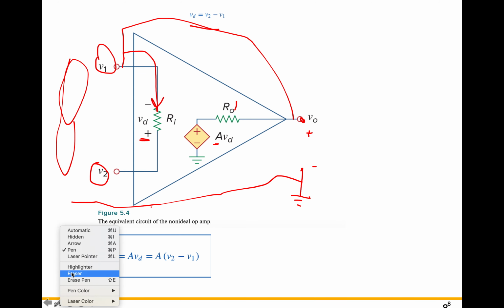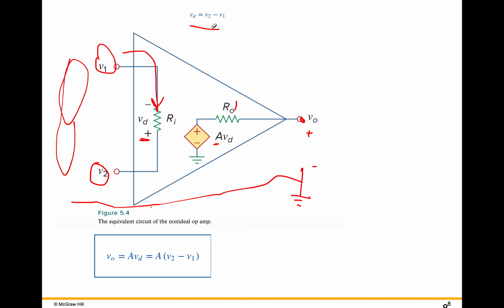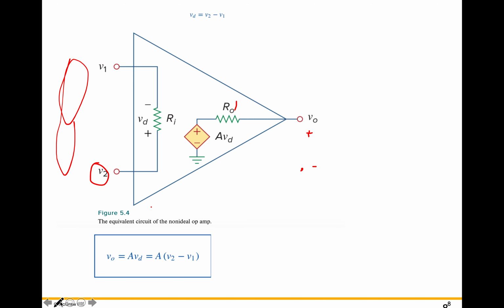Let's erase some of this stuff so that we have a clean figure to start with. Okay, erase all my annotations here. So let's suppose for whatever reason you hook some kind of load up to your op amp.